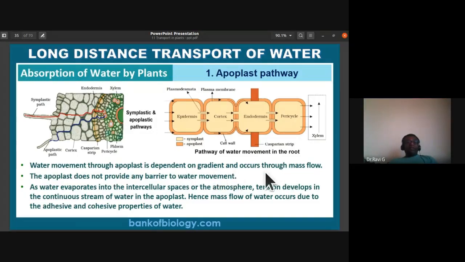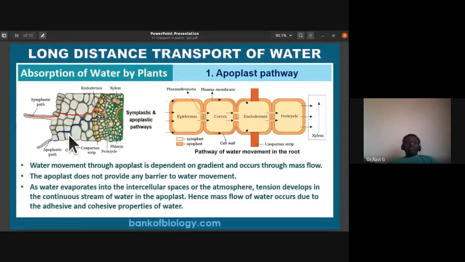Along the gradient, it takes place. So the water movement through the apoplast is dependent on gradient and it occurs through mass flow. The apoplast does not provide any barrier to water movement. You can see this blue colored one. There are no barriers for the water movement.